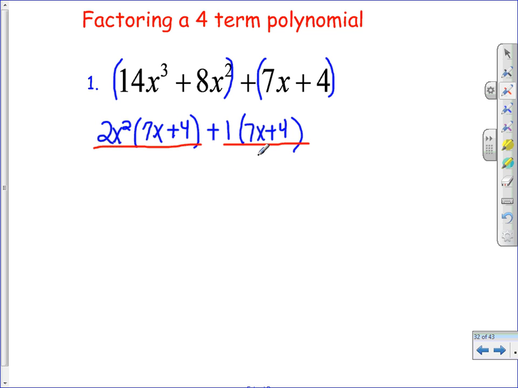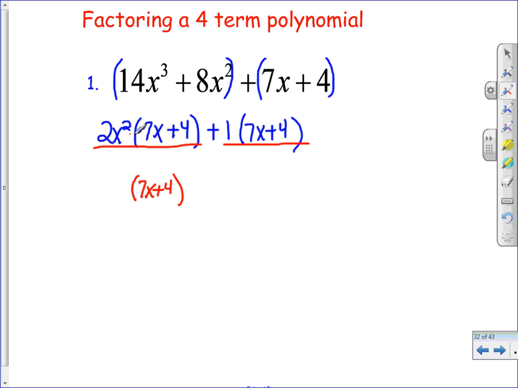So now I'm going to look at the two terms and see what I can divide evenly into both of those terms. Well, this has a 7x plus 4, and this is a 7x plus 4. So I can divide that evenly into both terms, so that is the greatest common factor, 7x plus 4.